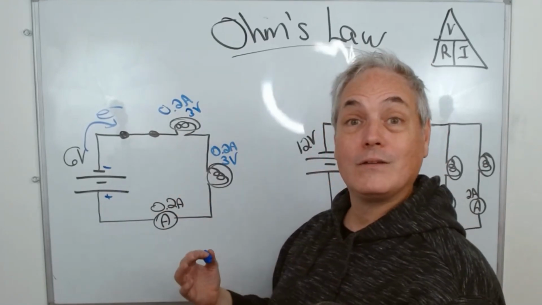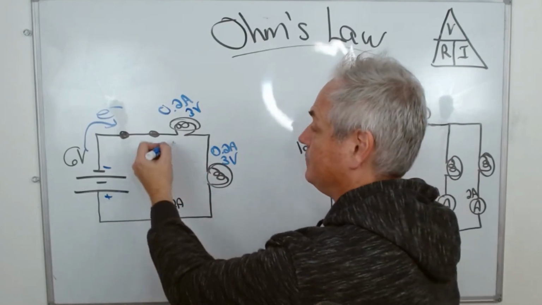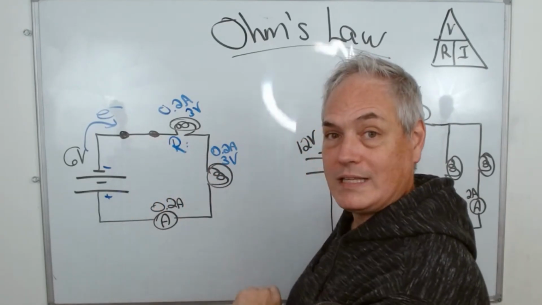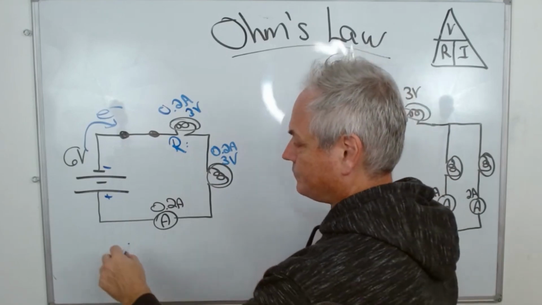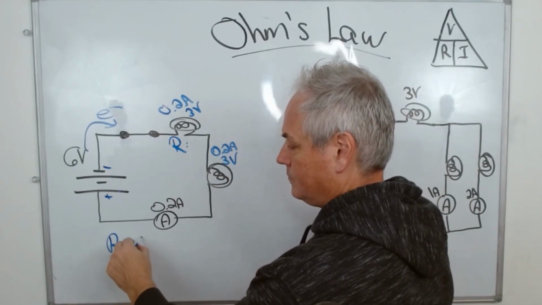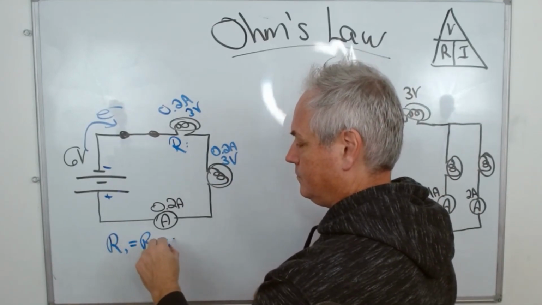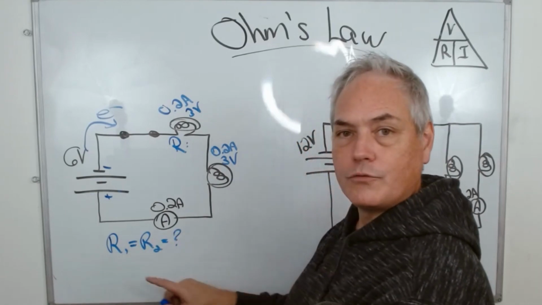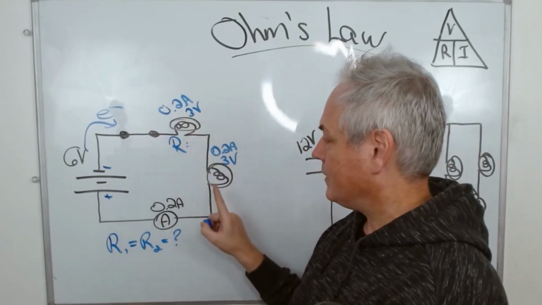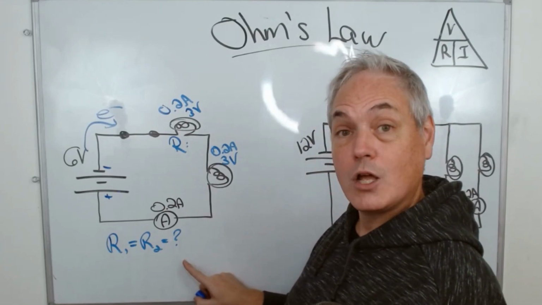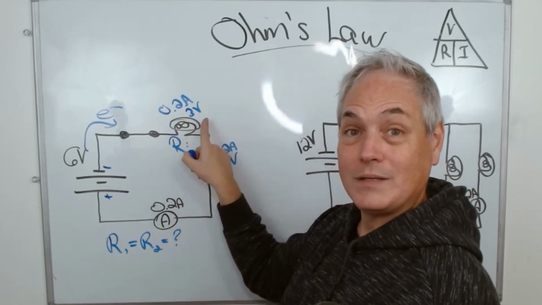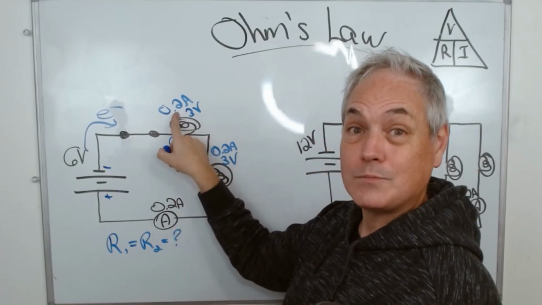So if I'm looking for the resistance of this bulb, let's see what the calculations are. The resistance of the first bulb and the resistance of the second bulb are the same, and we don't know what it is. We know that the voltage at this bulb is 3 volts, and we know the current is 0.2 amps.